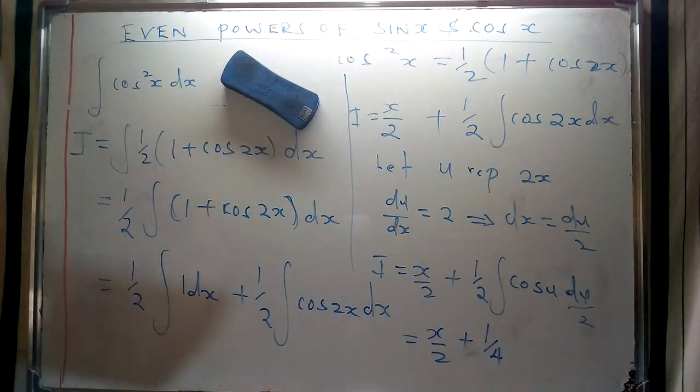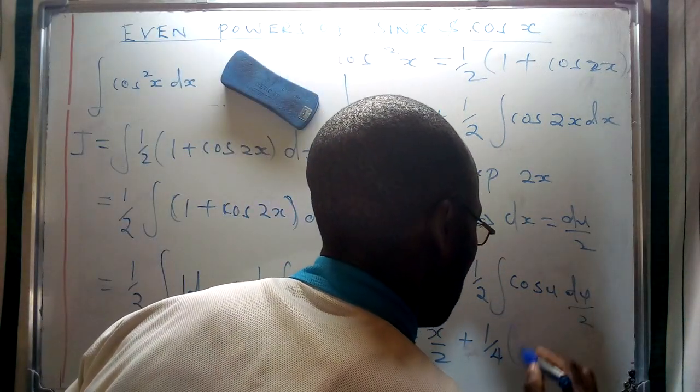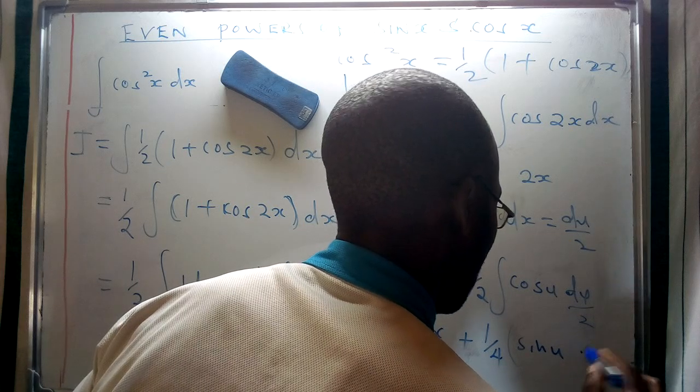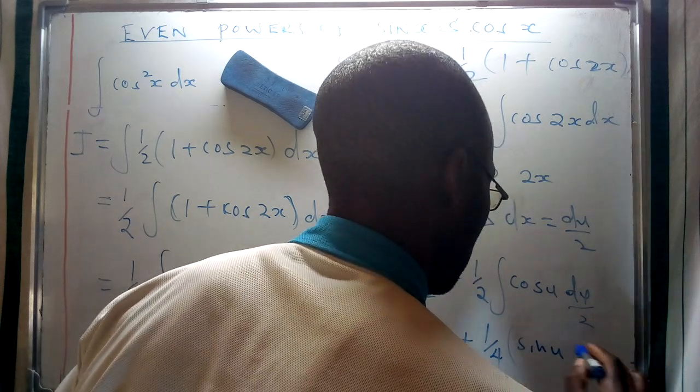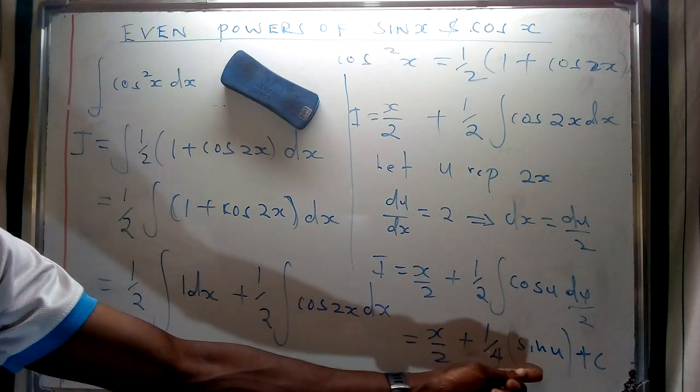And we said that the integral of cosine of u du is equivalent to the sine of u. So this is going to be a quarter the sine of u, plus c given as such. This is an arbitrary constant which is independent of the sine of u.